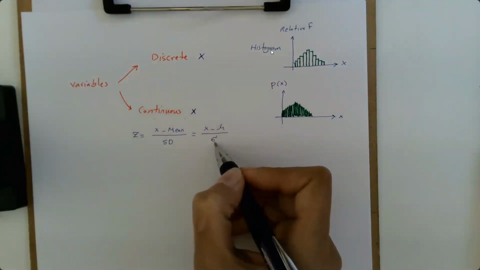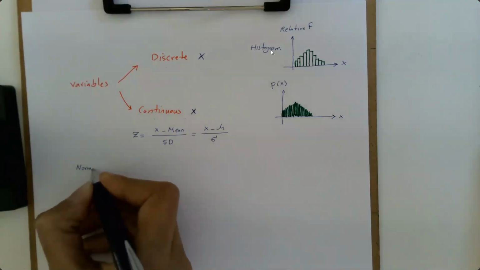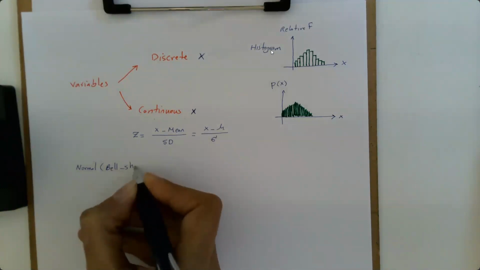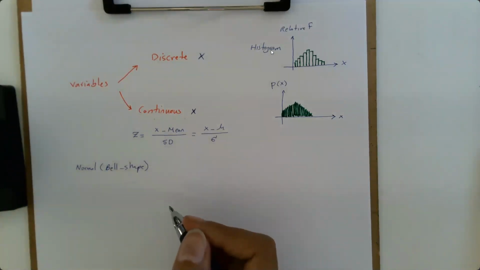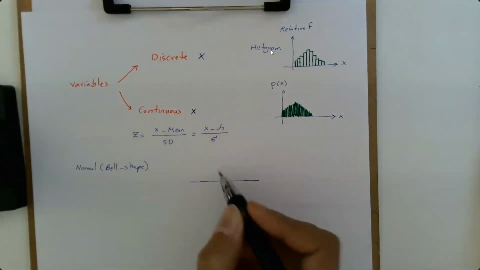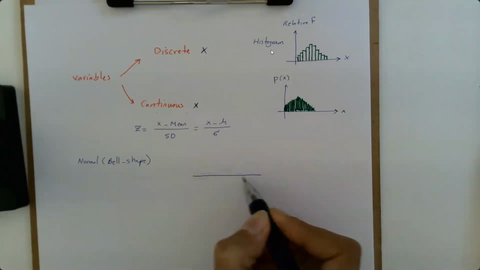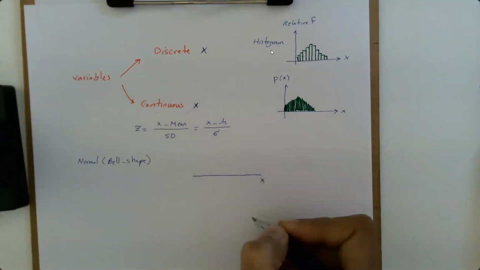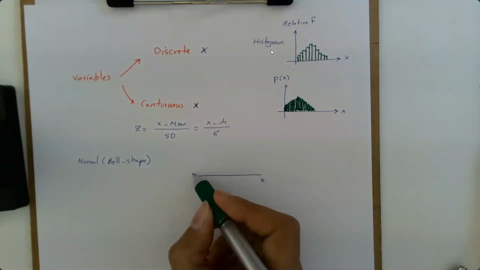We also learned that for a normal or bell-shaped graph distribution, the graph is like this. Well, here we have our horizontal axis. We have our x values. And on top of it, we have a normal distribution.